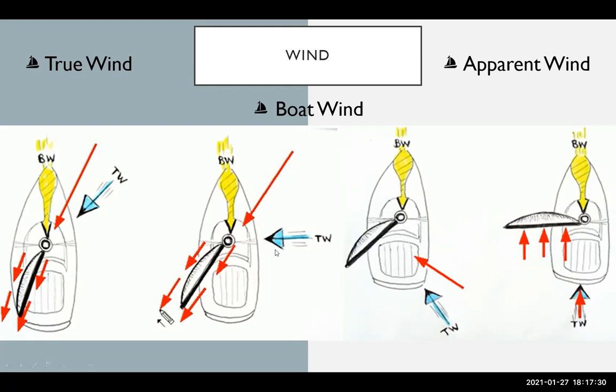Everything aft of the beam, so this is the beam here, the middle of the boat, everything aft of that is considered broad. So once you've left your beam reach, which is when the wind is coming from the side, it is now coming from behind. You have a broad reach, and the broad reach is creating a wind effect that the true wind is coming from behind, and the apparent wind is coming not quite from behind, but almost from the side.